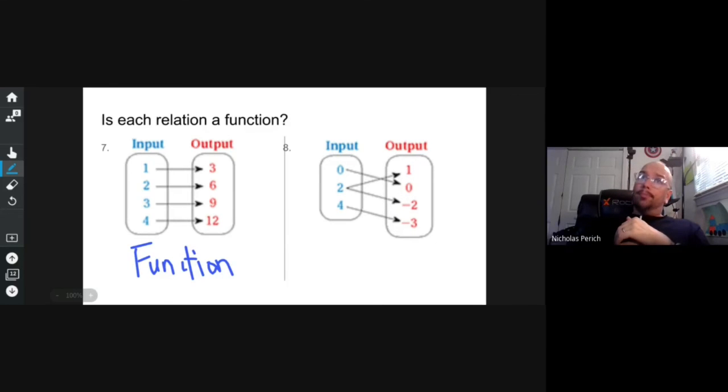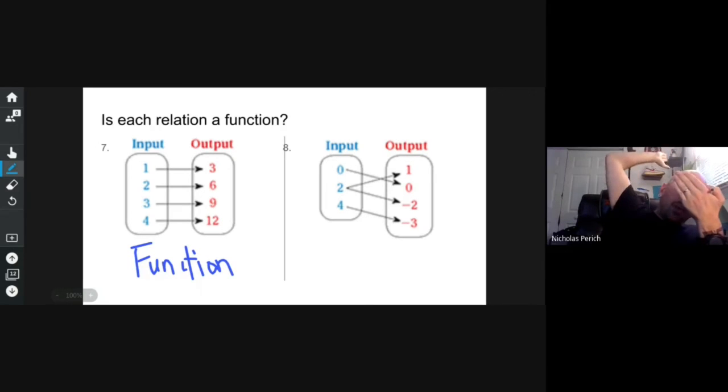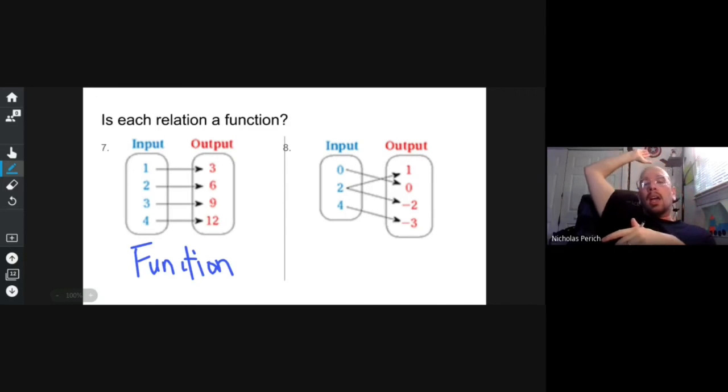Look at 8. If I were playing darts, and I had a bunch of targets written on my wall back here, and let's just say I was closing my eyes, I'm making my own dart game. So I put pieces of paper on my wall that say 1, 0, -2, -3. And if I take a dart labeled 0 and throw it backwards, and I hit the target that says 0, I get 0 points. Great, yippee.